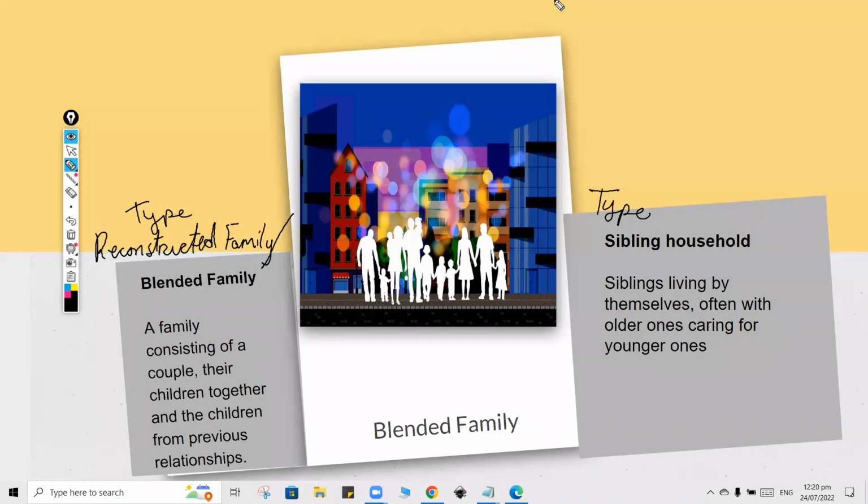Is reorganized family another term for blended family? Yes. Do the children have to be from a previous marriage? They could be from a previous relationship and not marriage. Reconstructed, reconstituted is another word. So other words you might see besides blended, you could see reconstituted. You might see reorganized.